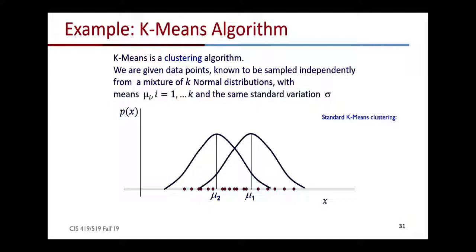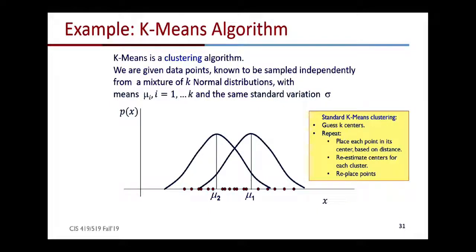Once I do this, I can recompute the centers. And now I have new centers, I can redo it again. Right? So again, step 1, choose K centers, assign points to centers, recompute centers, keep on going. So that's the standard K-means algorithm, right?